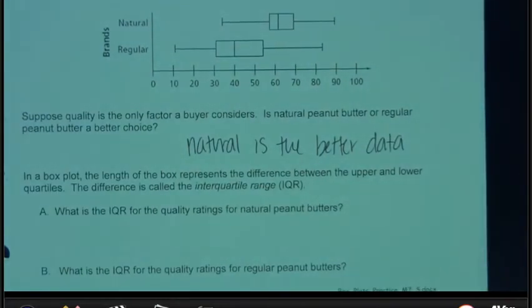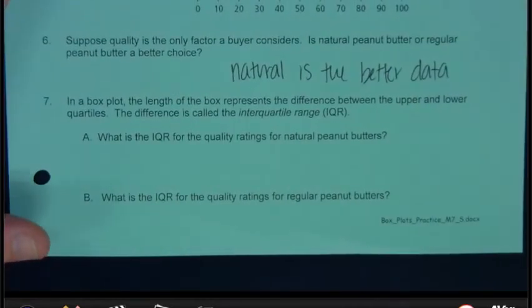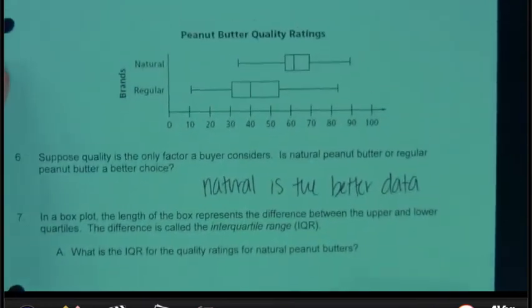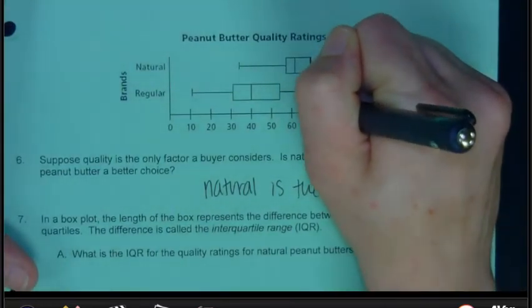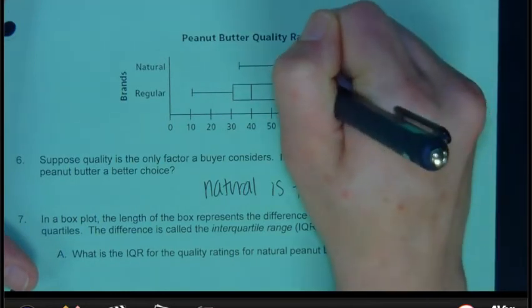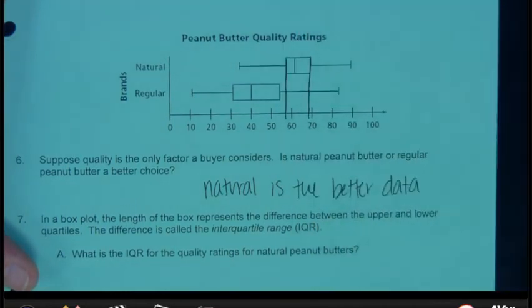All right, and then number 7. In a box plot, the length of the box represents the difference between the upper and the lower quartiles. The difference is called the interquartile range, or my IQR. What is the IQR for the quality ratings for natural peanut butter? So for natural, I'm going to take my upper and subtract my lower.